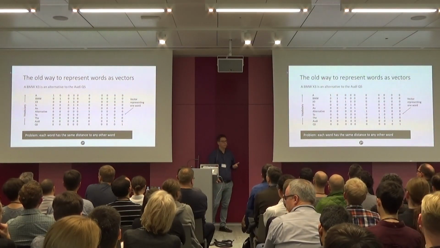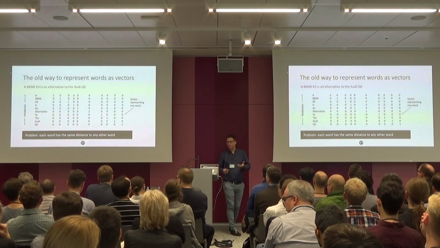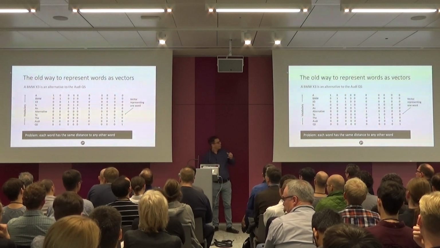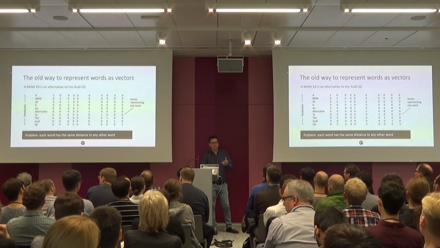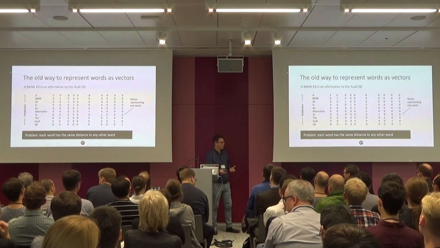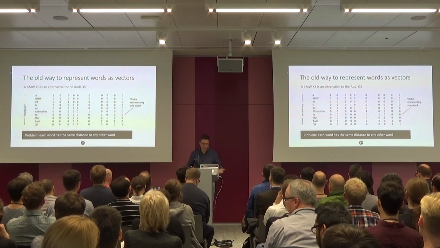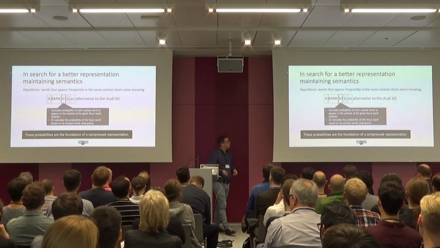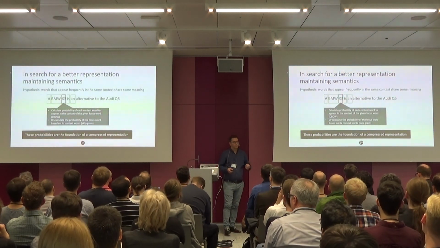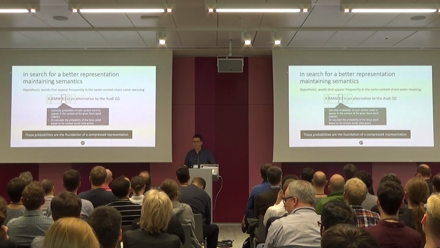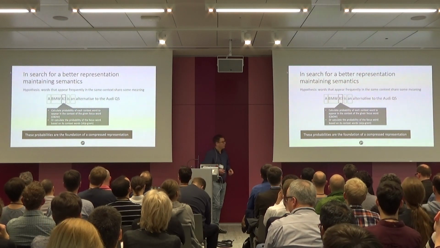And this is really a problem because, intuitively, there are semantics in language, and some words are more related to each other than other words. And this was the challenge to tackle: to find a representation which captures the semantics and the meaning of words.